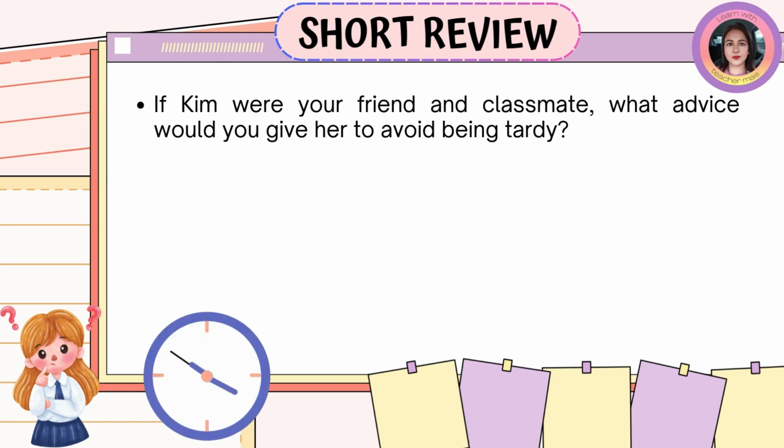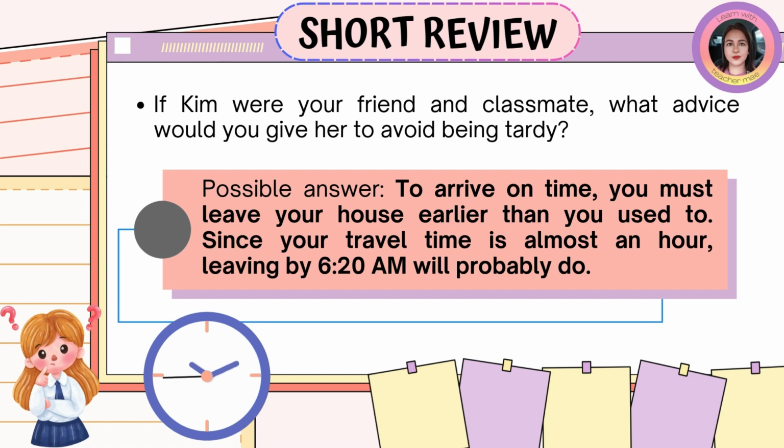If Kim were your friend and classmate, what advice would you give her to avoid being tardy? The possible answer is, to arrive on time, you must leave your house earlier than you used to.